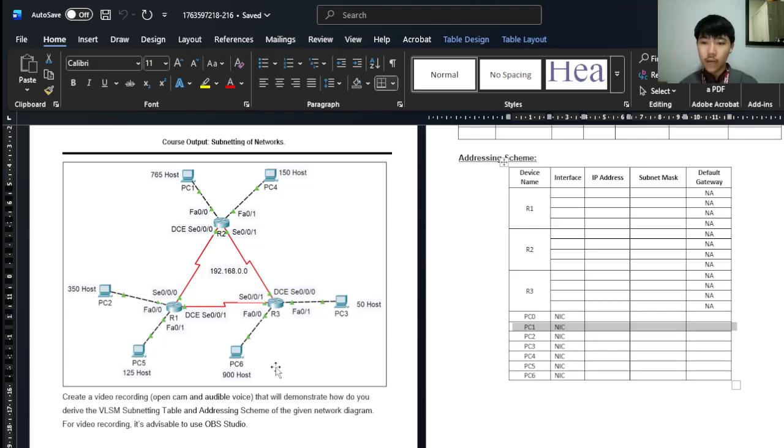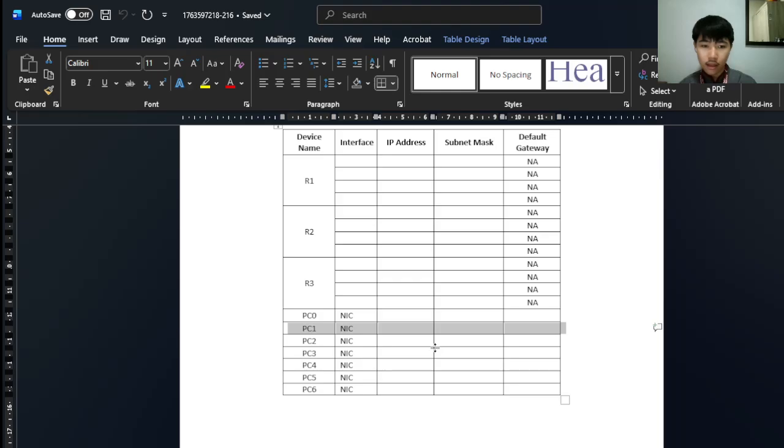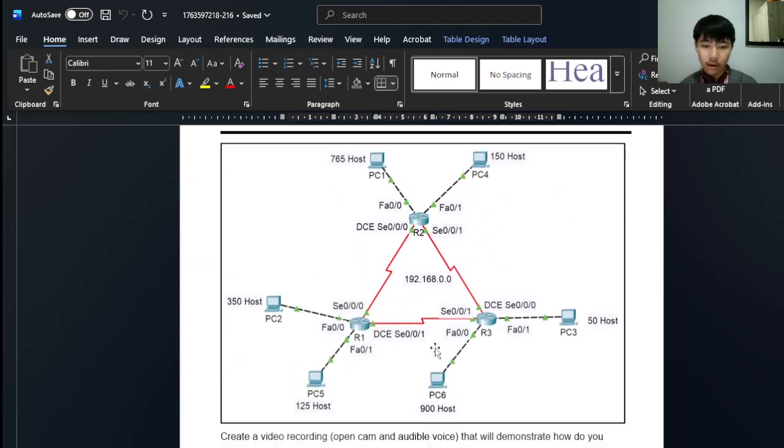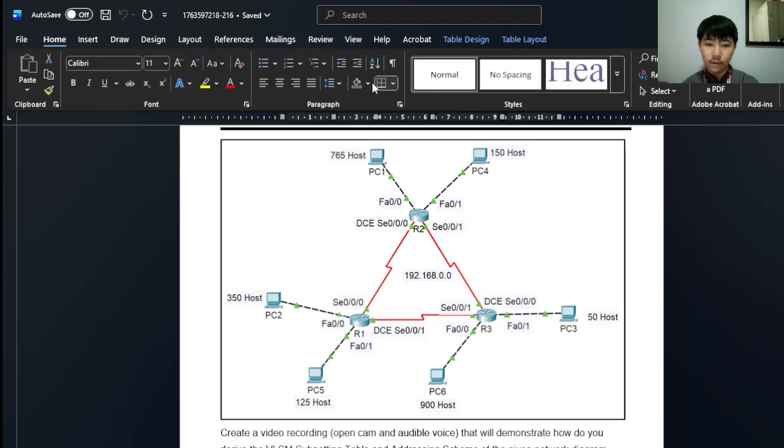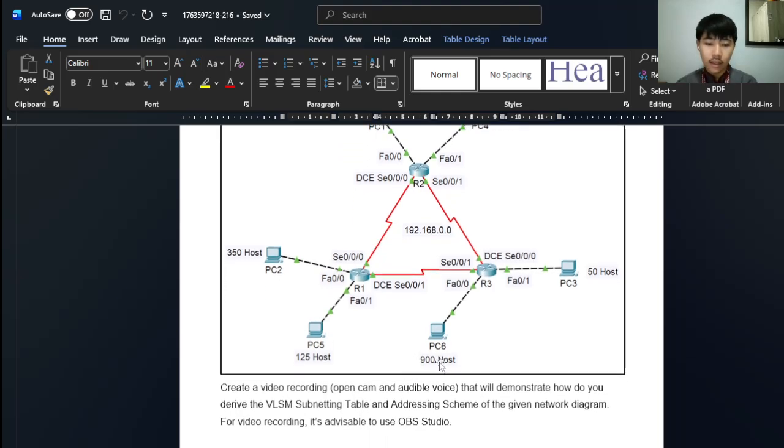Based on the diagram, we have six networks with different numbers of hosts.